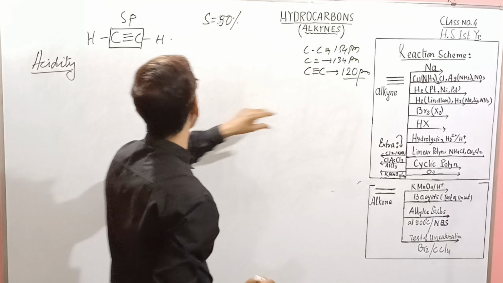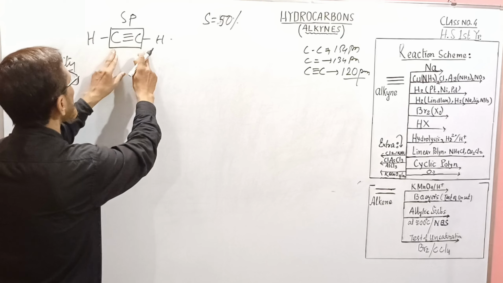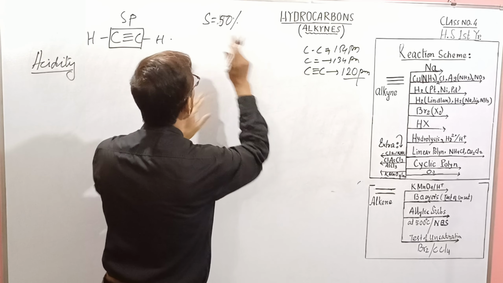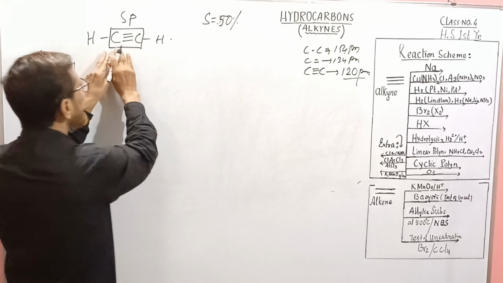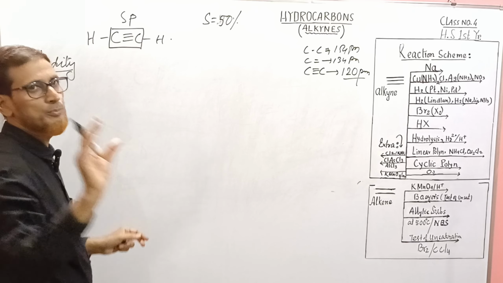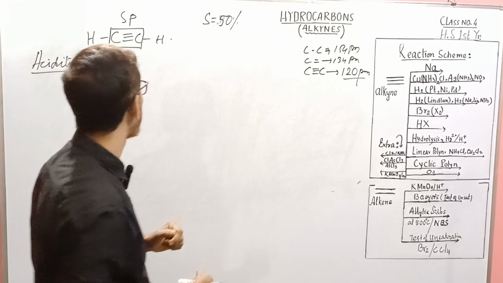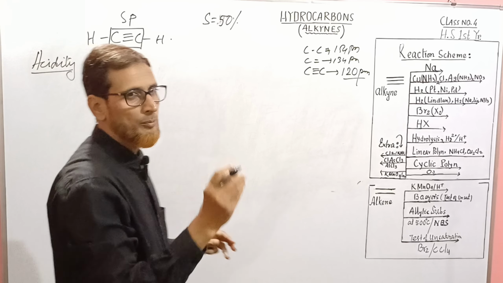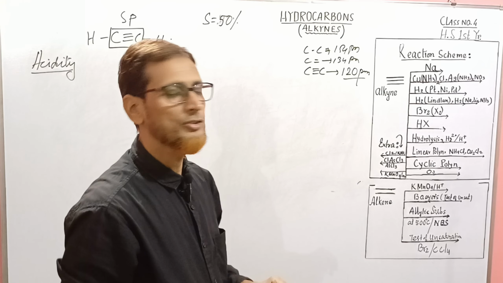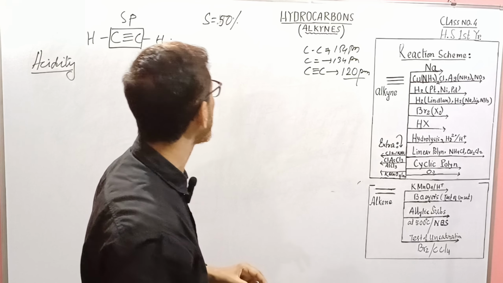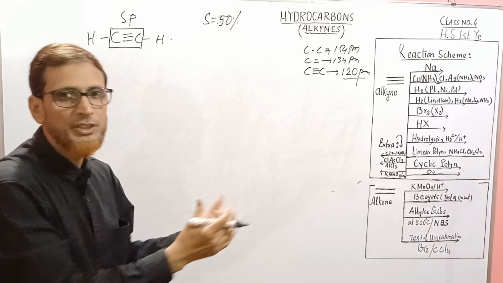So the lowest bond length, due to more s character, makes this total unit a smaller unit. In the inorganic chapter we have seen that if a compound is smaller in structure, shape and size, its electronegativity is more.